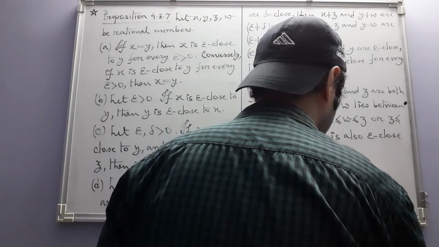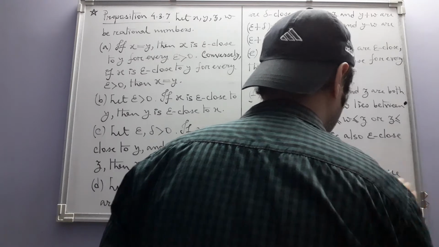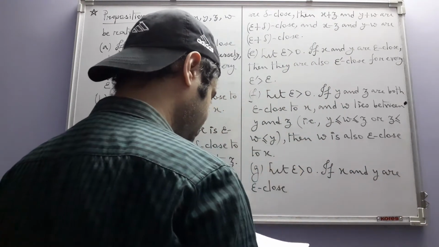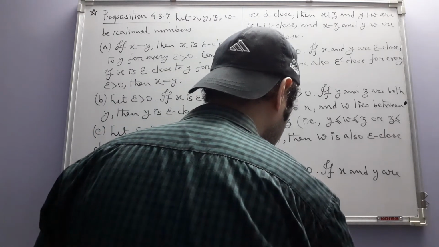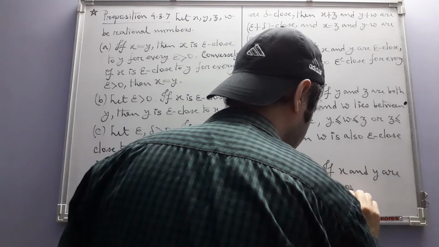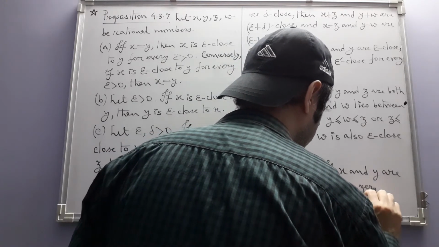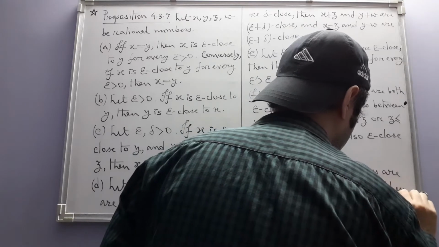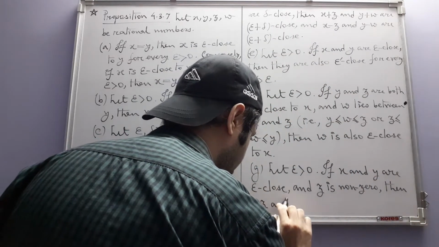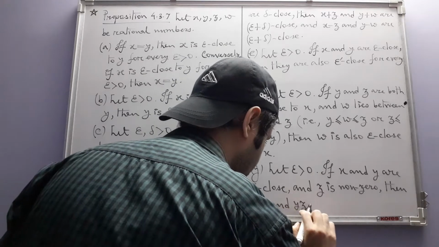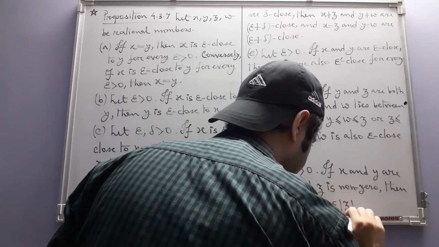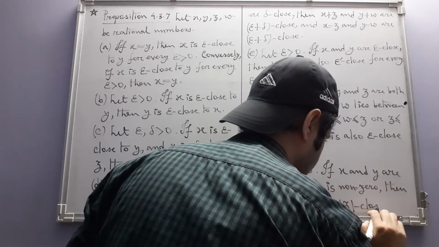If x and y are epsilon close and z is non-zero, z is a non-zero rational number, then xz and yz are epsilon times absolute value of z close.